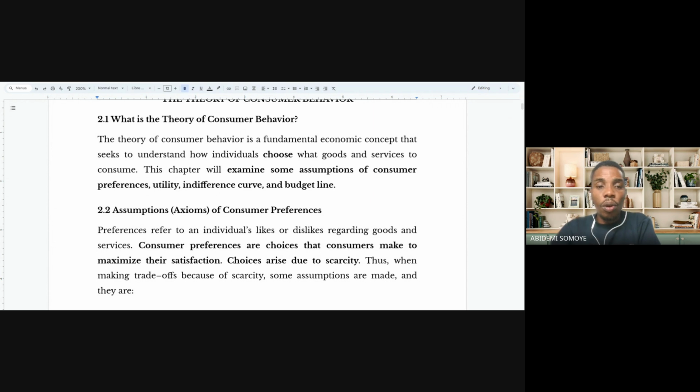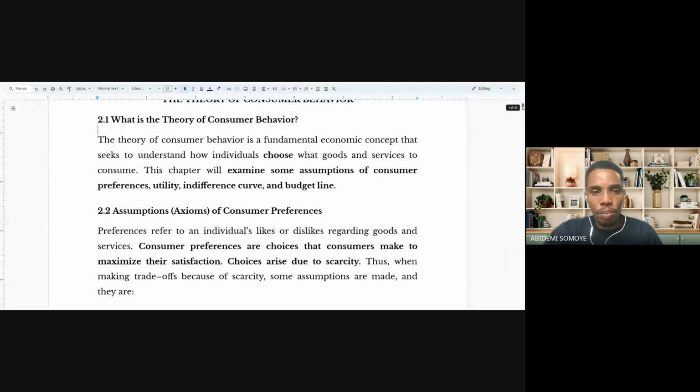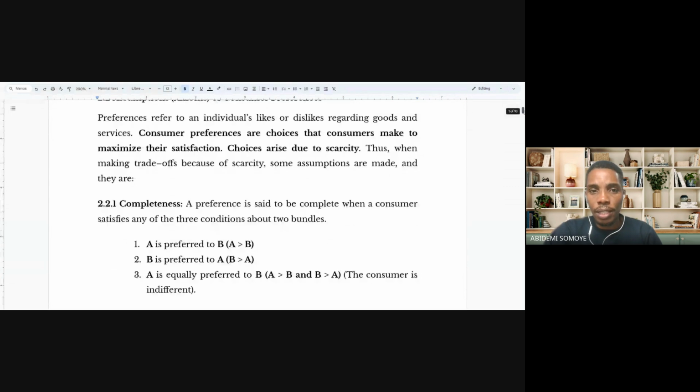When making trade-offs because of scarcity, some assumptions are made. Let's take a look at those assumptions. I'm sure you fall within one of these categories. Let's take a look at completeness.